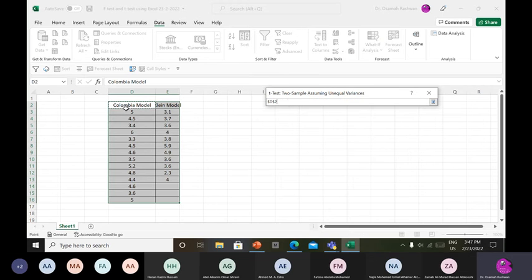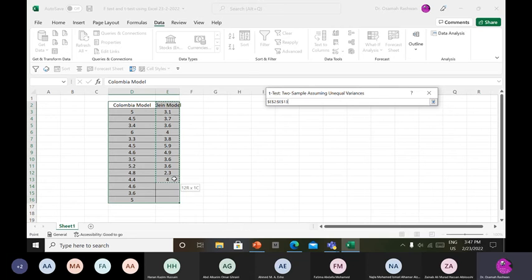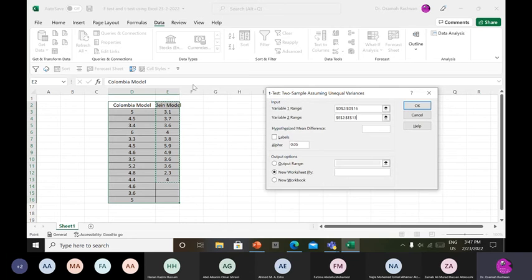And I input the first sample. I input the second sample. Sorry, up to here. Okay, now the hypothesized difference is 0 because the null hypothesis is saying mu1 equals mu2, or the mean of Columbia model equals the mean of KLN1.